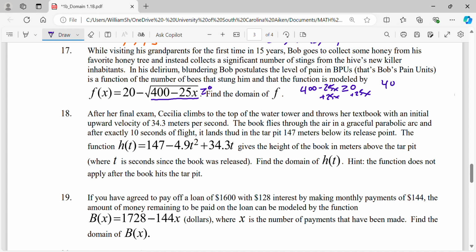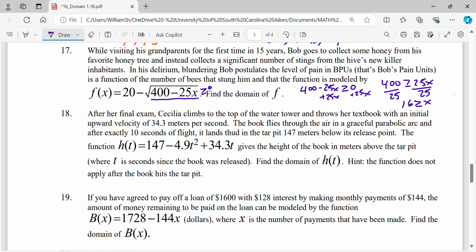So this is going to be 400 is greater than or equal to 25x, divided by 25. Let's see, 400 divided by 25 is 16. So I have 16 is greater than or equal to x.